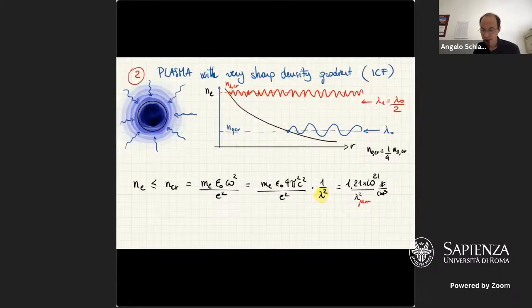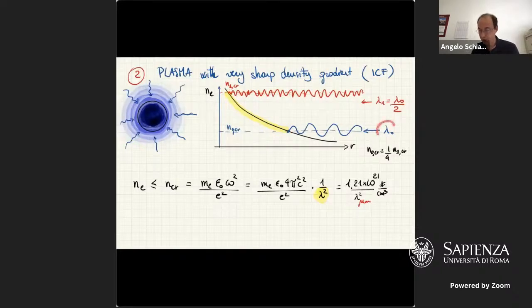So when comparing the two wavelengths, we see that there's a big difference in the two regions that the wavelengths can access inside the plasma.